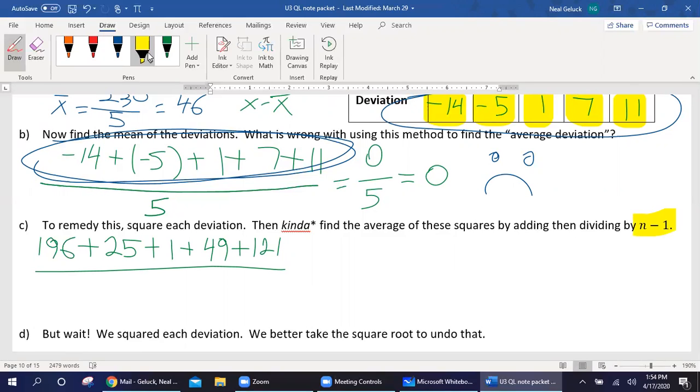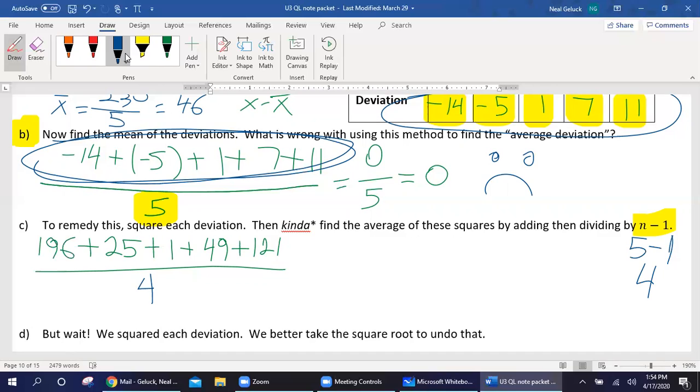N is how many values I had. I have 5 values. Now, why am I subtracting 1 from that? Let's backtrack first. On letter B, I said, hey, let's divide by 5. That's how you usually do an average, divide by how many you have. On this one, I'm going to instead divide by 4, 1 less than it.